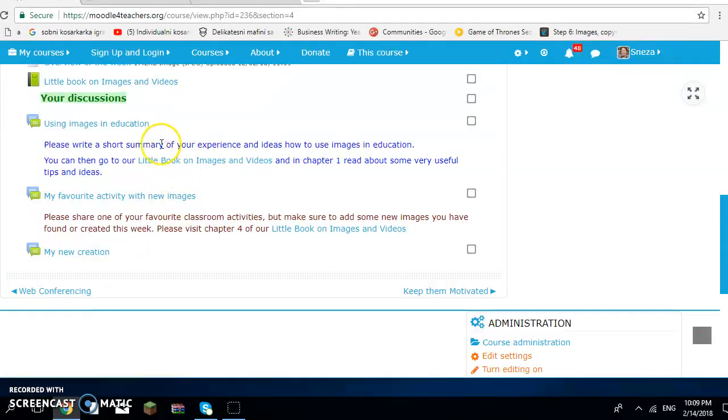Then you will be expected to share your favorite activity, this time with new images.